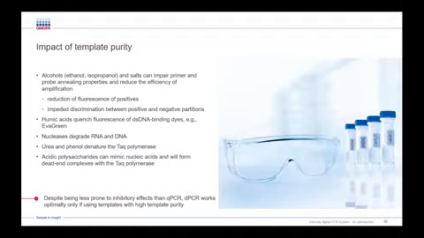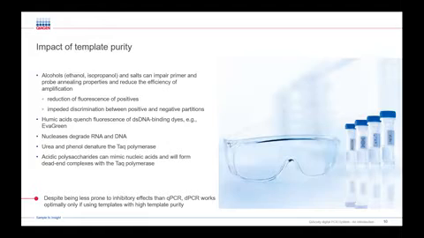The purity, or rather the impurity, of the starting template can impair the outcome not only of a qPCR experiment, but also that of a dPCR experiment. And there are several ways how this can occur. Alcohols and salts can change primer and probe annealing properties and reduce the efficiency of amplification.